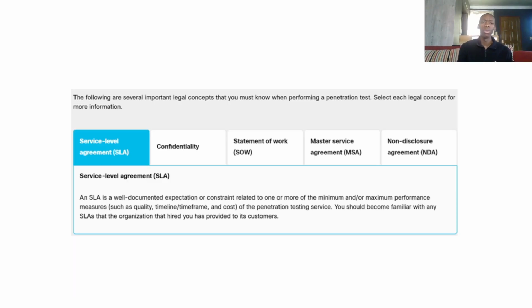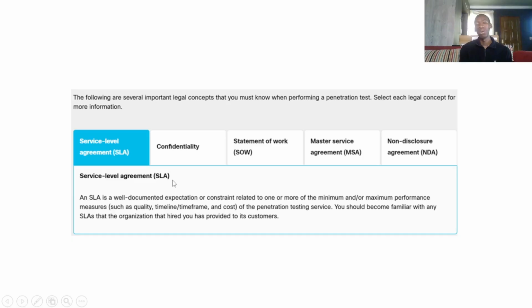We come to several important legal concepts that we must know when performing a pen test. Initially, they're going to tell us about the statement of work, the master service agreement, the non-disclosure agreement, confidentiality, and an SLA.